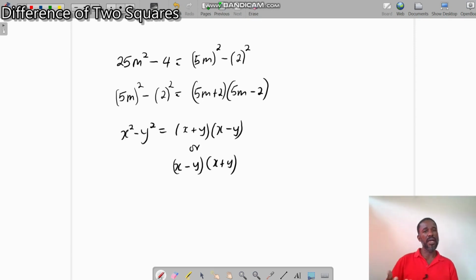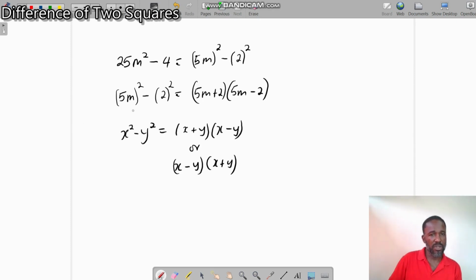Okay, so just understand then, students, that once you can identify that the expression is written in the form of a difference of two squares, then we can always go ahead and factorize it the way we did here.